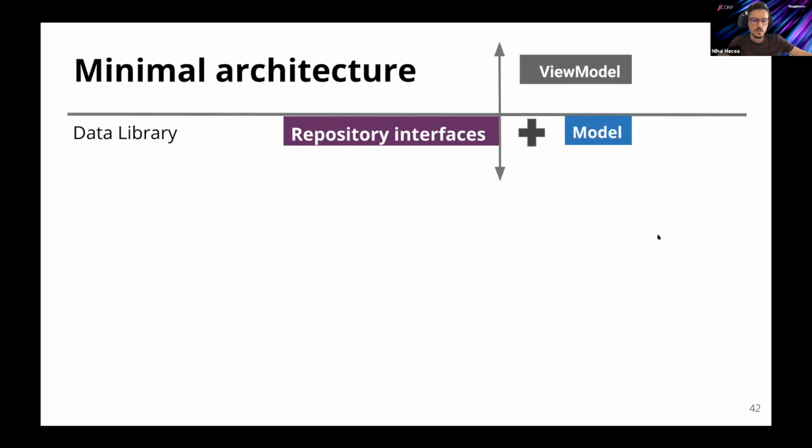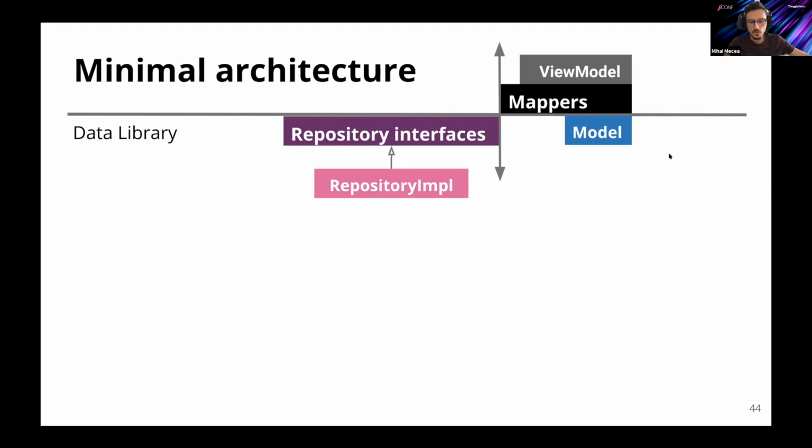And it looks something like this. So going further from the overview we had over MVVM, we get the nice repository interfaces and also define the models. So at this point, we got an integration layer. Then we add the mappers for decoupling the layers. And going further, we implement the repository.